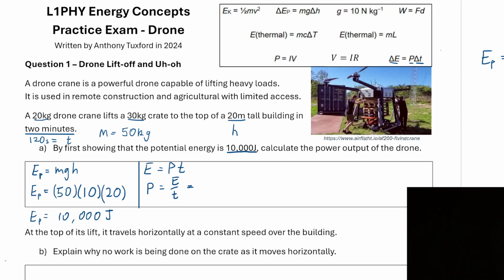In this case, it was 10,000 joules. And what is the time? What is the time it took to gain that potential energy, which in the question it said 2 minutes, and we quickly called it out as not being SI units, so that's 120 seconds. And if you compute that, it should be 83.3 watts. Watts are the unit for power.